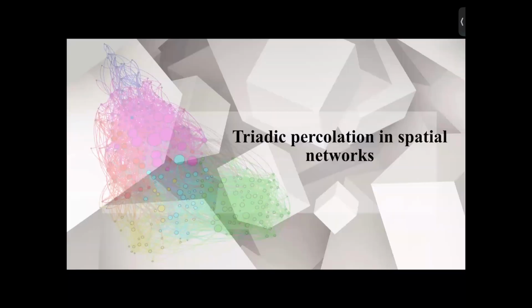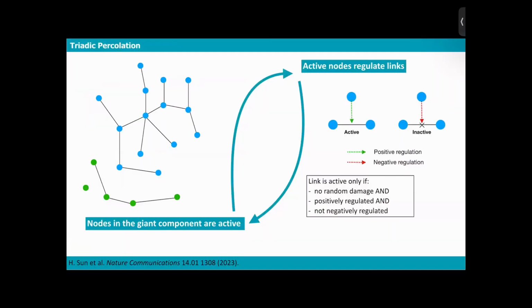And to begin the final part of the talk, so we were talking about oscillators that don't seem to synchronize. Now we are going to talk about percolation that is dynamic and not static. And this is again an effect of having higher order interactions. So if we think about percolation in this network here, we will see, well, there are three components. Here we have the giant connected component, and that will be the end of the story. But what happens if we have an interaction that can turn links on and off?